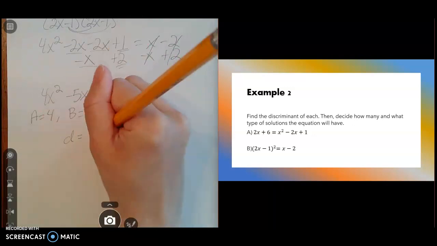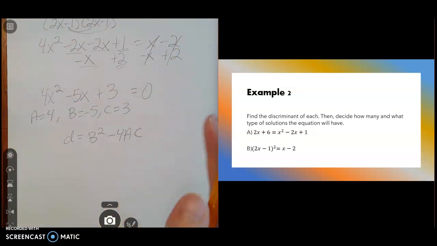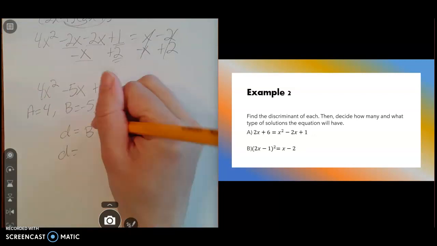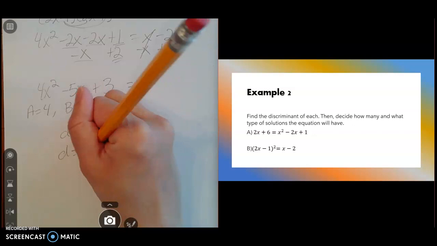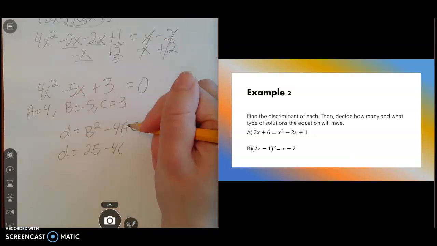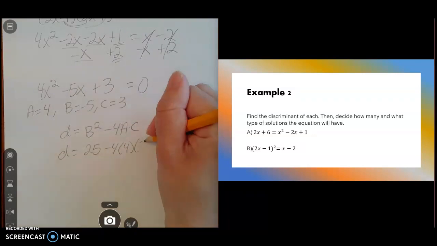So my discriminant is just that part under the square root. It's b squared minus 4ac. We're not taking the square root of it. We're just doing the part underneath. So b squared would be negative 5 squared. Negative 5 times negative 5 is positive 25. Minus 4 times a, which is 4, times c, which is 3.